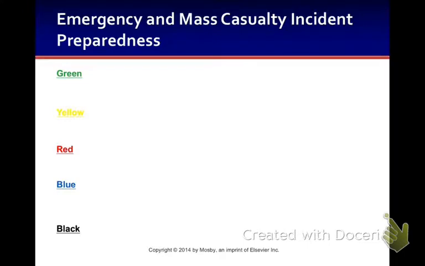All right. So with emergency and mass casualty incidents, again, we need a system to quickly triage patients and take care of them. This is a system of colored tags, and they designate both the seriousness of an injury and the likelihood of survival.